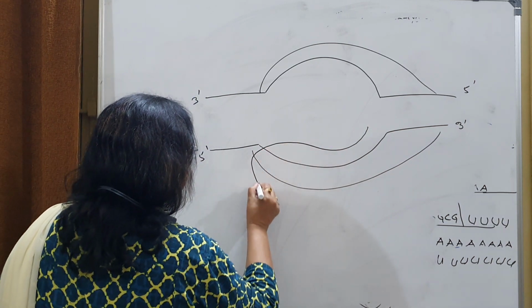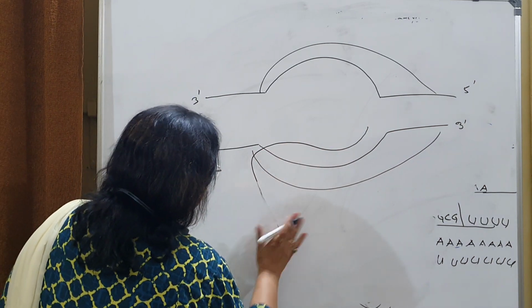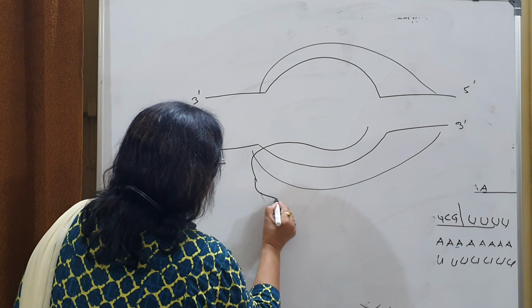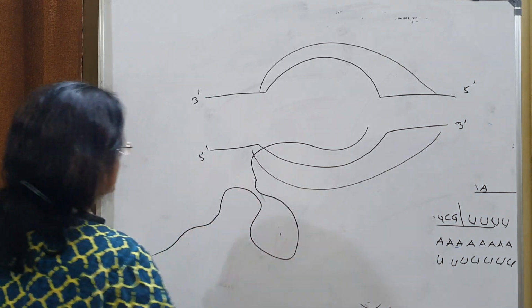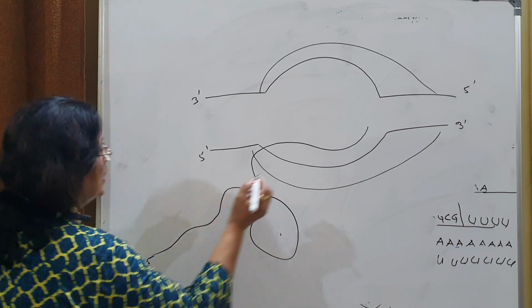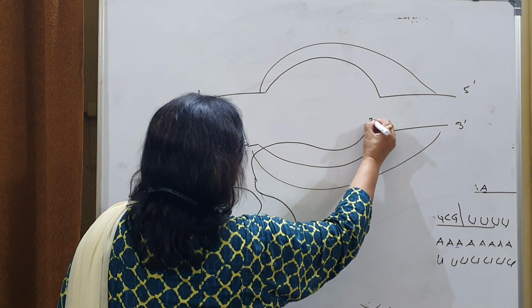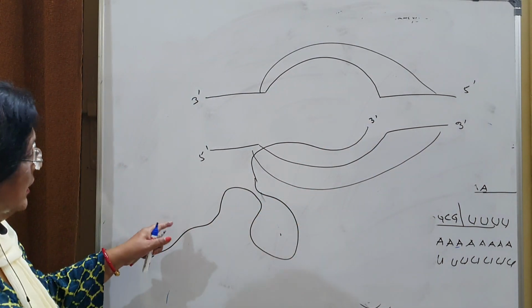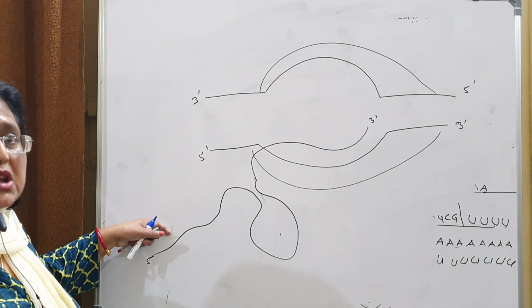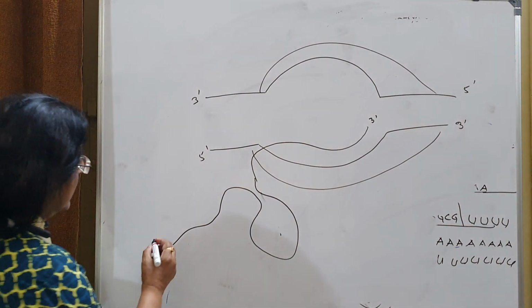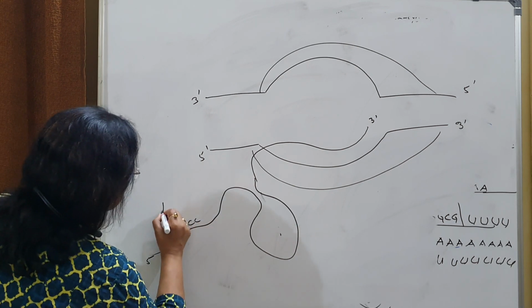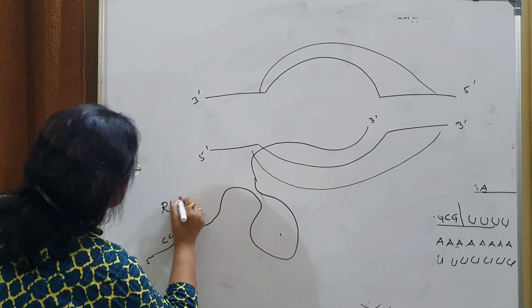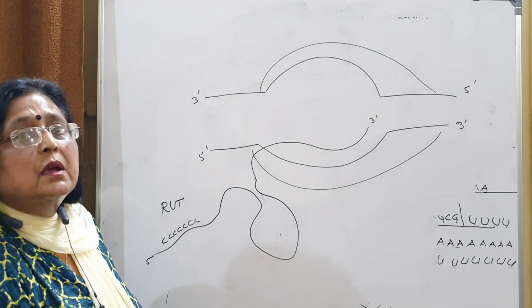RNA is being synthesized. The hairpin loop structure has been formed and now the chain is here. At one place there is a long chain of C, cytosine. It is a C area which is known as RUT, Rho utilizing site.